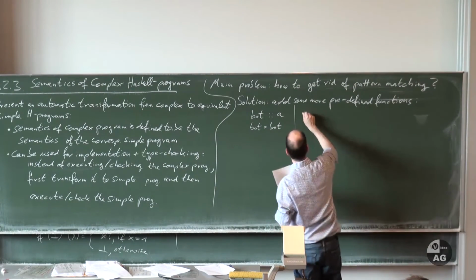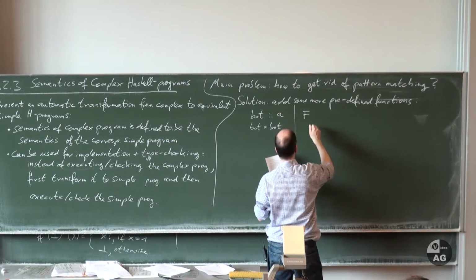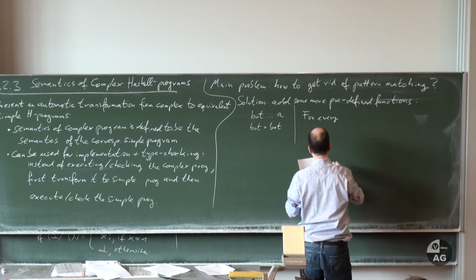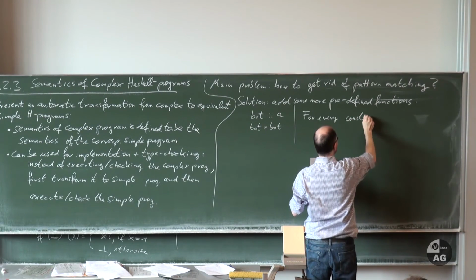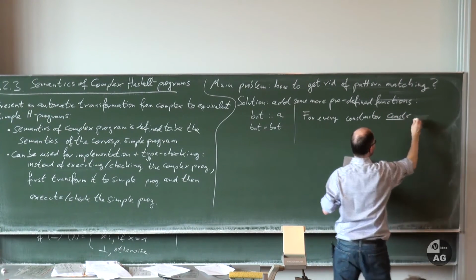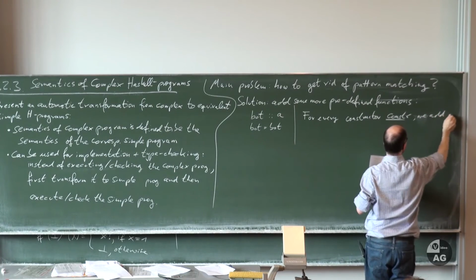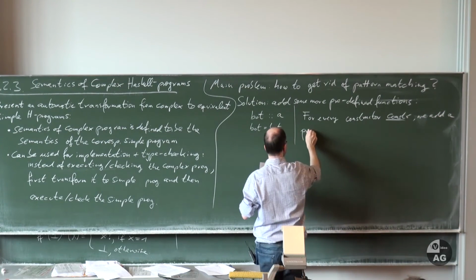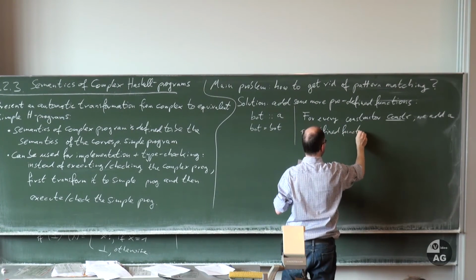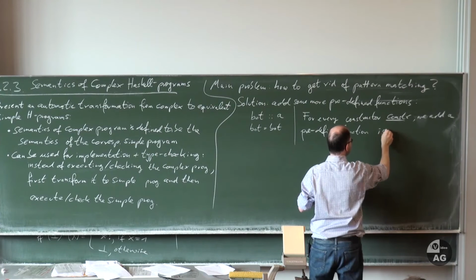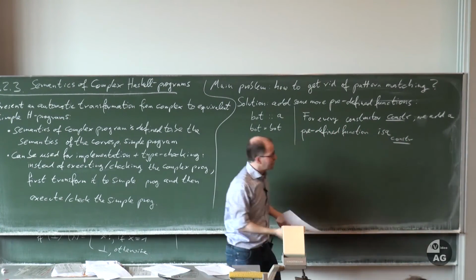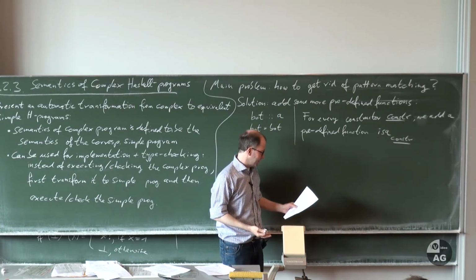So what we do is, for every constructor, constr, we add a predefined function which we call isa constr. And this predefined function takes one argument and says true or false.